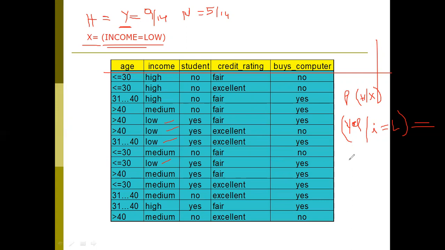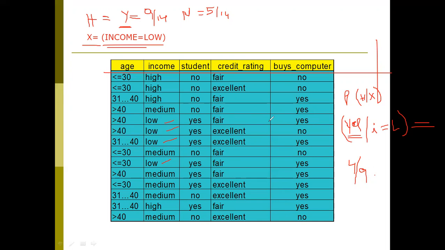So for that 4 by, what is the total number of S class labels in this particular table? Those are 9. So 4 by 9. Not actually 4, it's 3. Why? Because here we have 4 low income tuples.